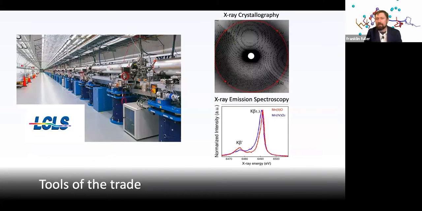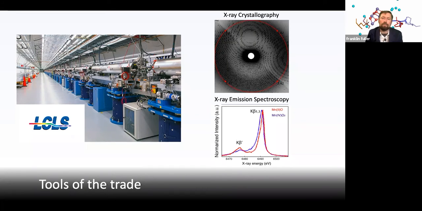What I want to talk about today, though, is the business end of photosystem II, which is the oxygen evolving complex. That's where oxygen is being produced, and where the hydrogen ions and electrons are being extracted and giving chemical energy to the cell.